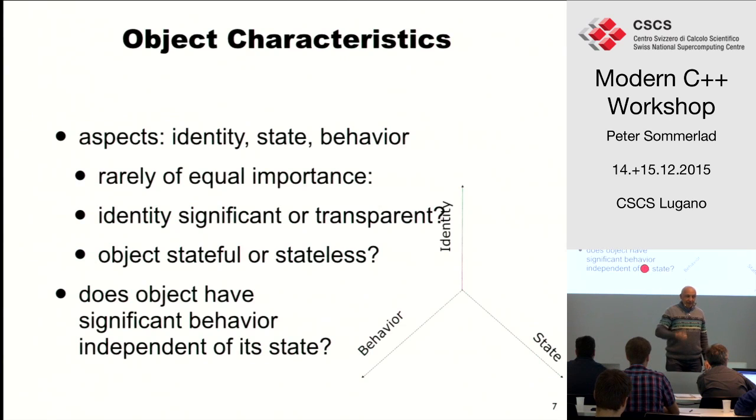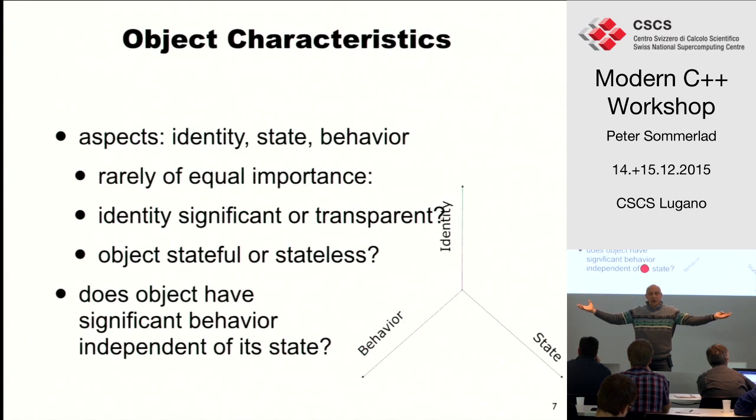Usually in C++, the identity is unimportant, because when the identity is important, I have to have a shared pointer or a pointer or a reference to something. And more important are the behavior and the state. If only the behavior and state are important, then we say it's a value object. Because if I have 42 in this hand and 42 in this hand, both would compare equal, even though there are two different versions of that 42 around here.